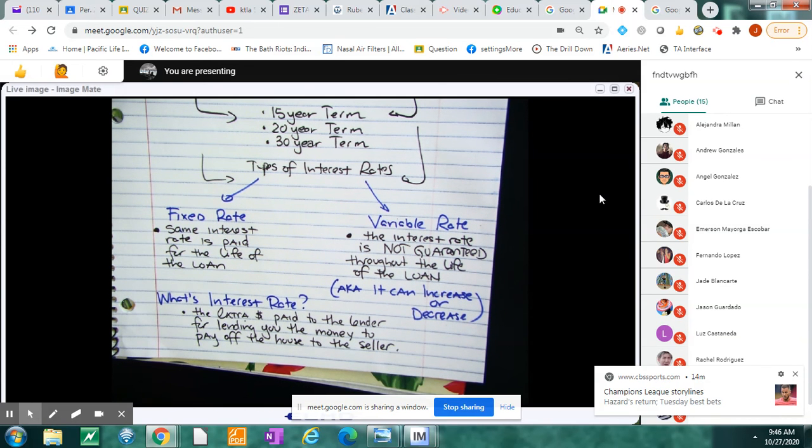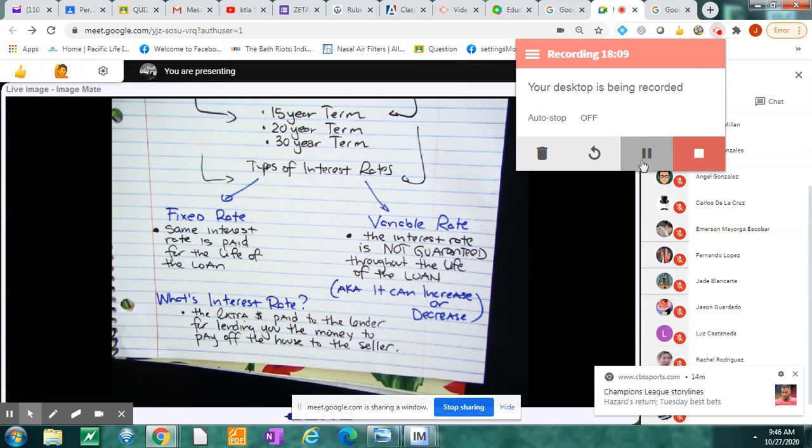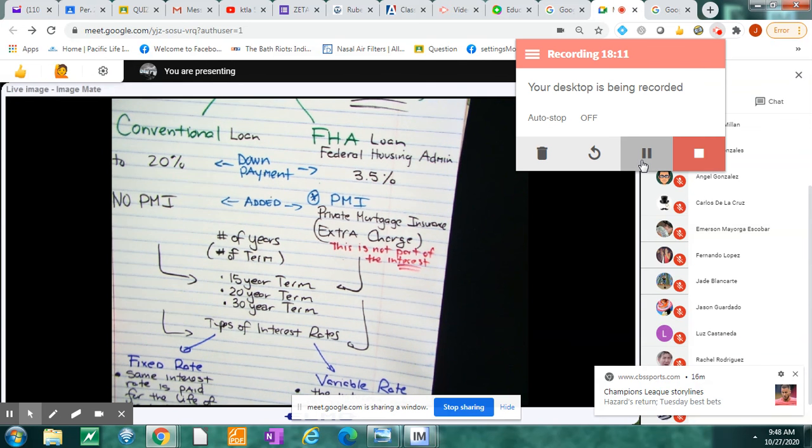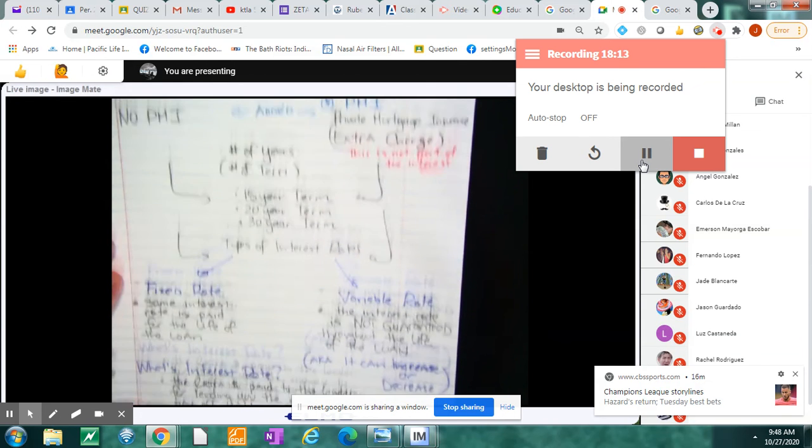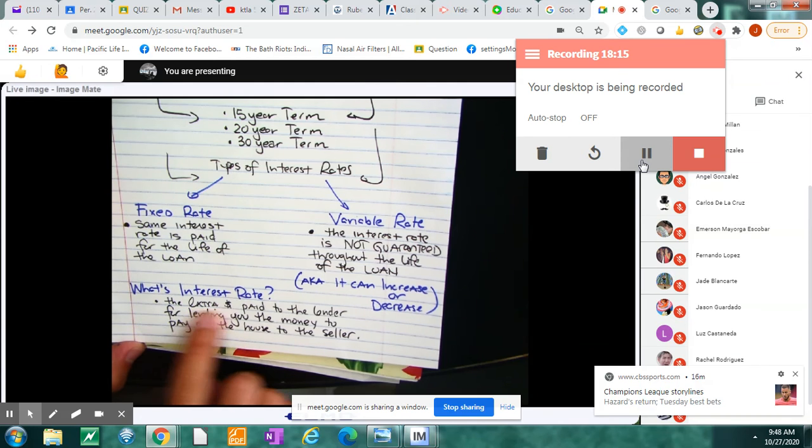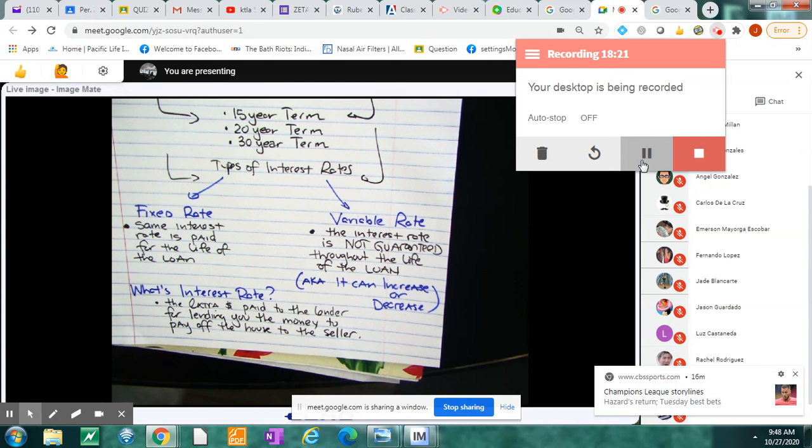Okay, there you go. So go ahead and write that down real quick. Basically, in simple terms, I just try to put it in simple terms. So again, what is the interest rate? It's the extra money paid to the lender for lending you the money to pay off the house to the seller.